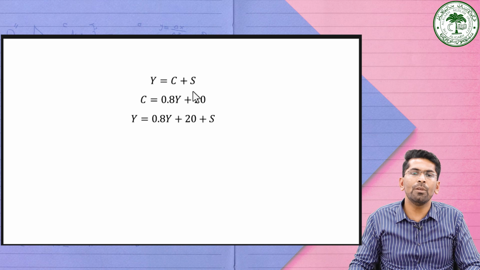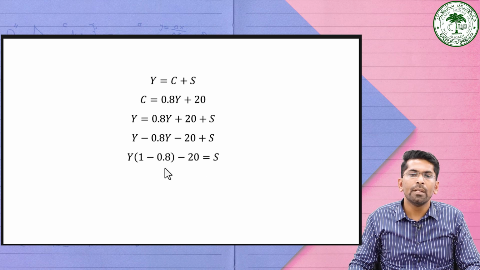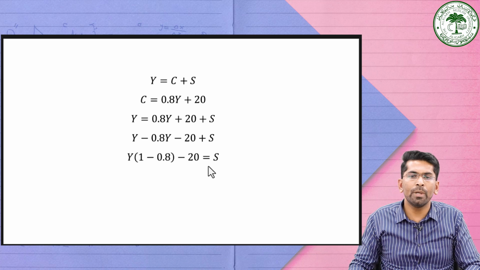If you substitute these values, we know y is equal to C plus S, that is saving. So y is equal to 0.8y plus 20 plus S. Then I am taking this term to the left hand side of the equation, so it becomes y minus 0.8y minus 20, which is equal to S. Here y is common, so I am taking it outside. Then y times (1 minus 0.8) minus 20 is equal to S, which is 0.2y minus 20.